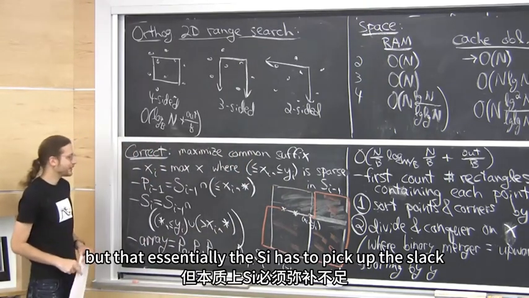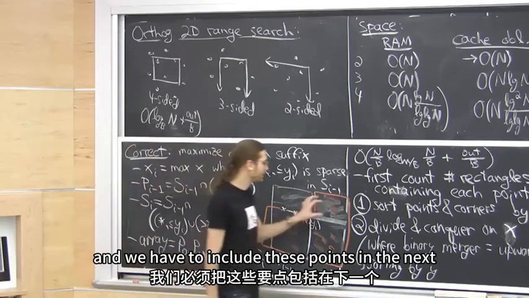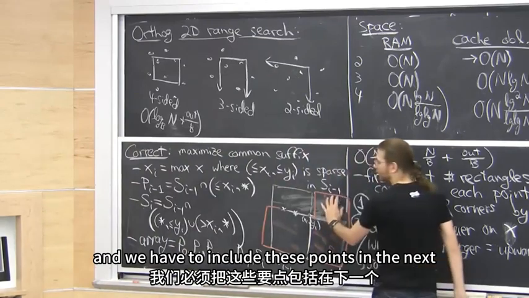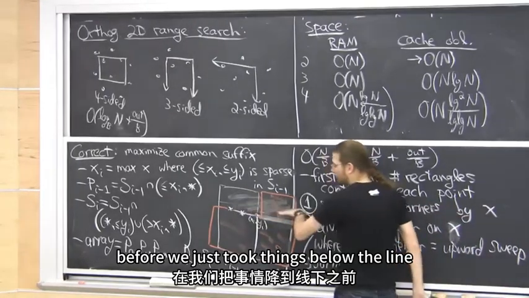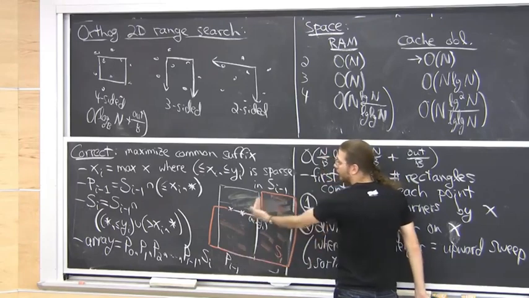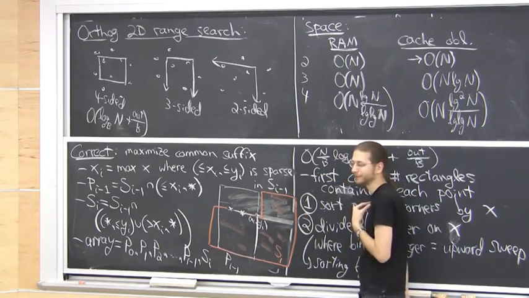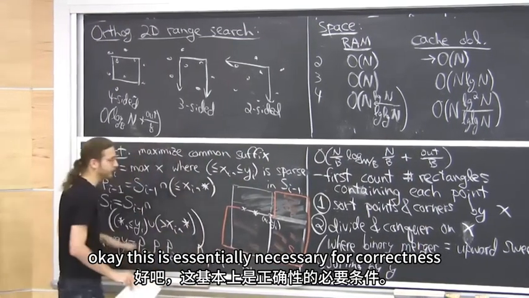Okay, but that essentially the SI has to pick up the slack. And we have to include these points in the next SI, whereas before we did not. Before we just took things below the line. Now we have to take things that are below the line or to the right of the vertical line. Okay, this is essentially necessary for correctness.